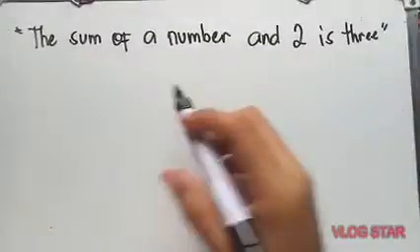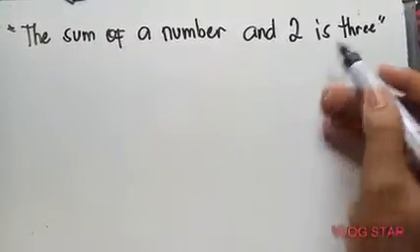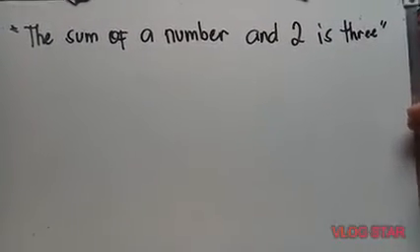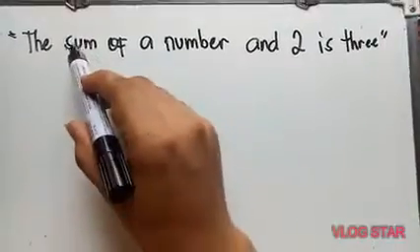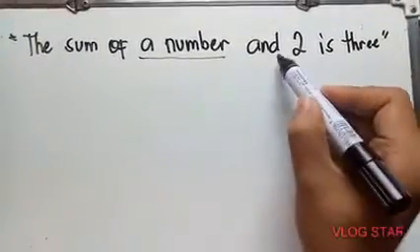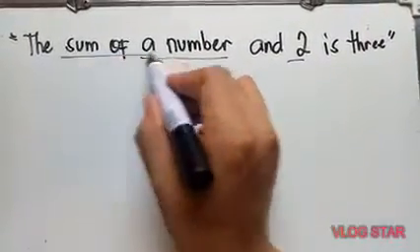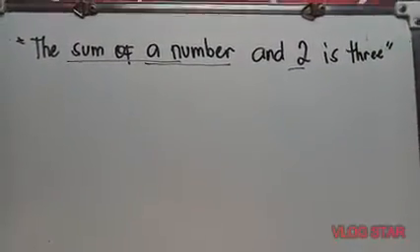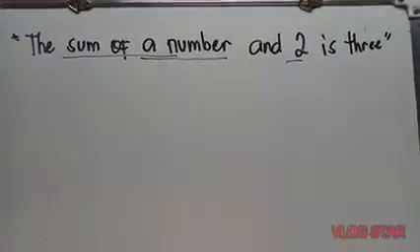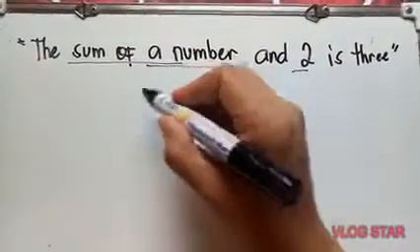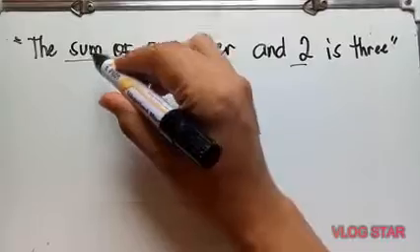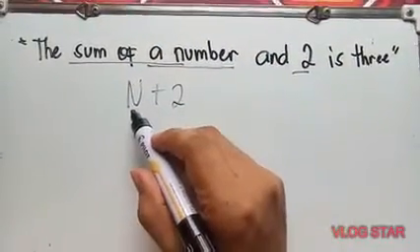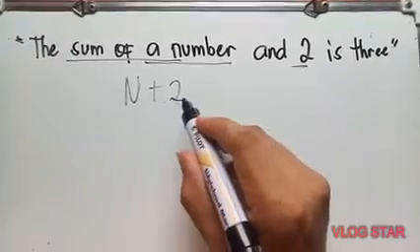Our next example is the sum of a number and 2 is 3. Let's write it in algebraic expression. First is the sum of a number and 2. A number is n, so the sum of n and 2.